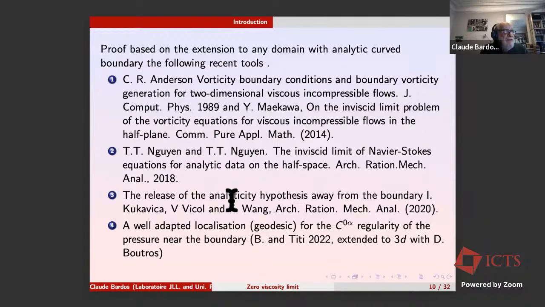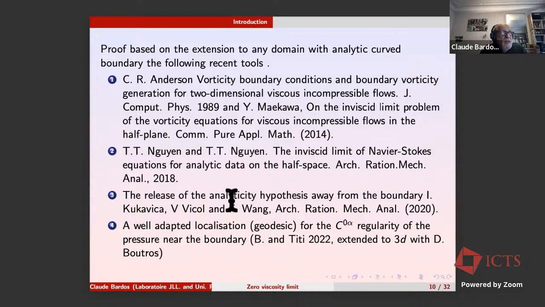And this is something which was proposed already by Anderson in 2014 for numerical computation, and I will discuss this Maekawa boundary condition. It's something which will be very useful. I will explain to you why it works, and it comes nicely in the problem.